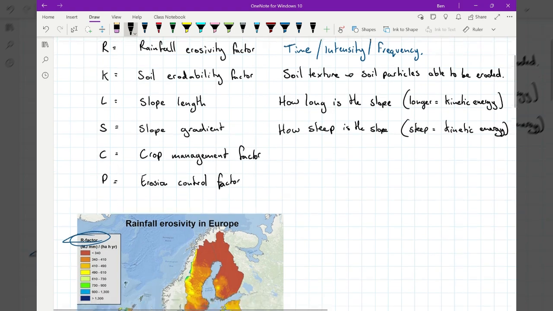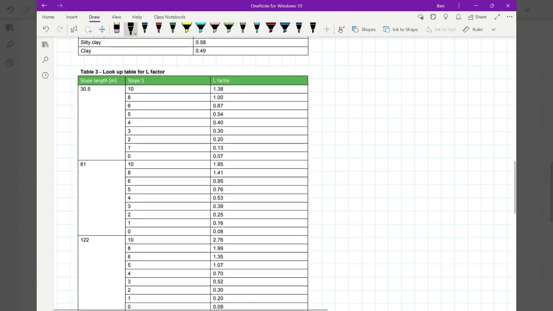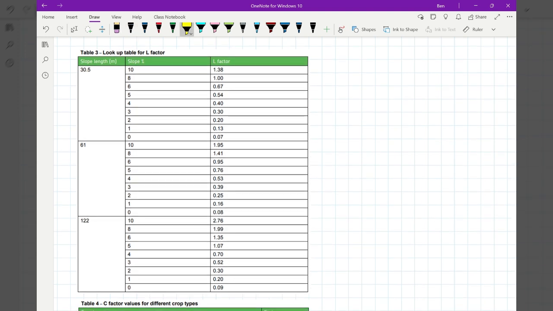All right, and if we look at a table that gives us this, we have our slope length in the first column, our slope gradient, which is a percentage, and that gives us our factor. If we have a really long slope with a really steep gradient, we have a really high LS factor.